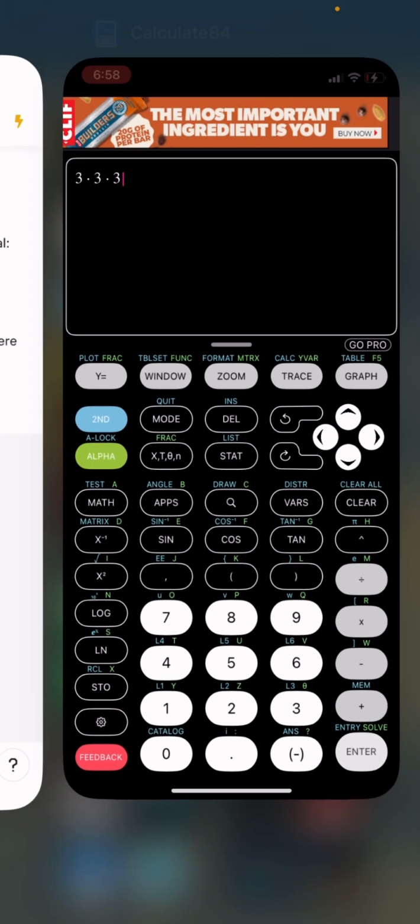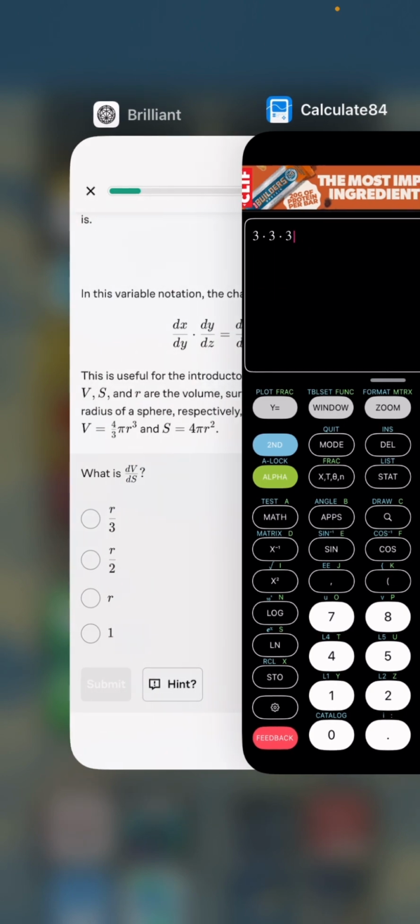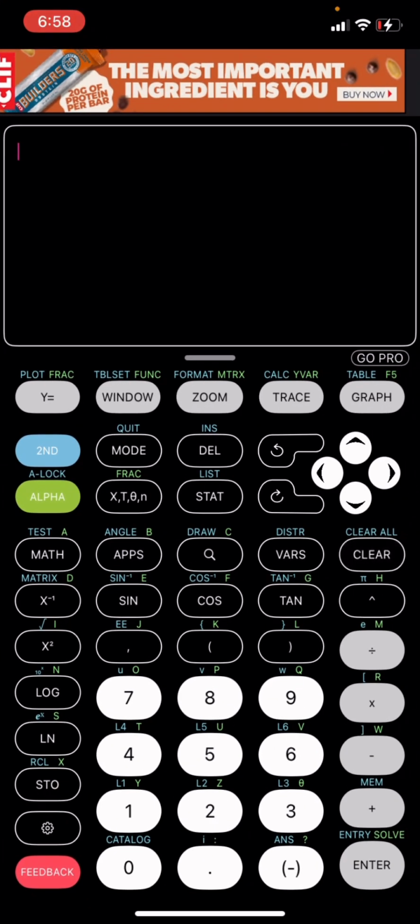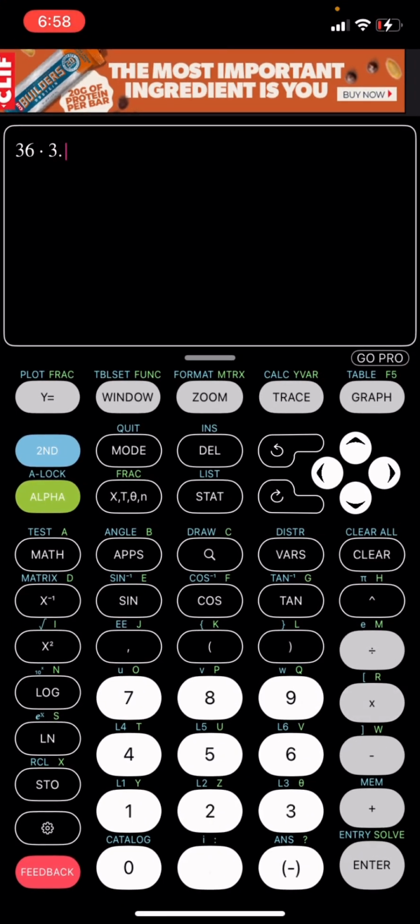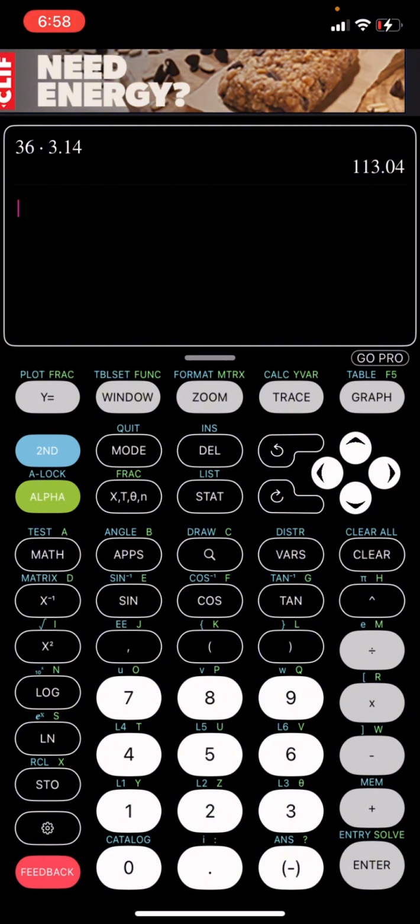So we can calculate that. So we have that.